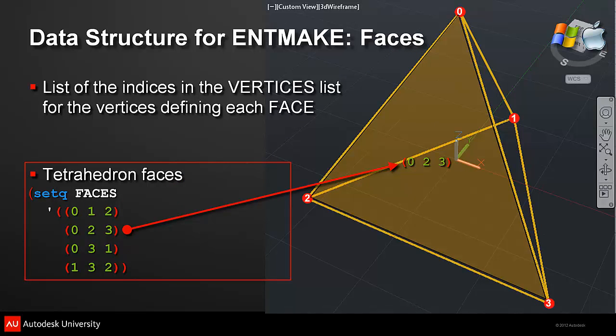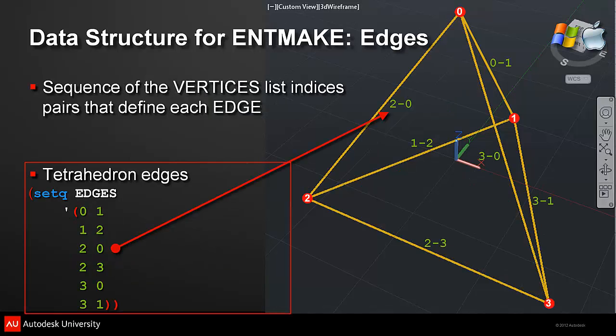The faces list is made up of sublists, each of them indicating the vertices that surround a face. The vertices are specified by indices that refer to the vertices list. The edges list will hold a sequence of pairs of vertex indices. Each pair indicates the starting and ending point of an edge.